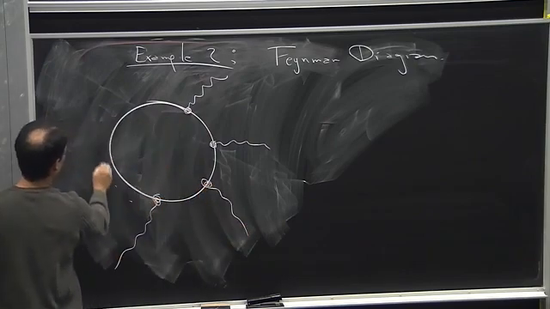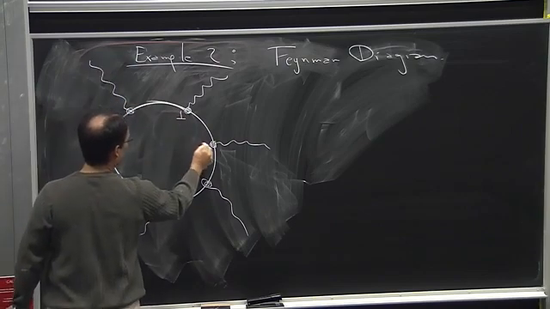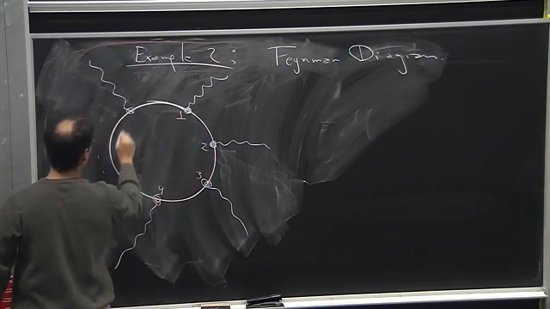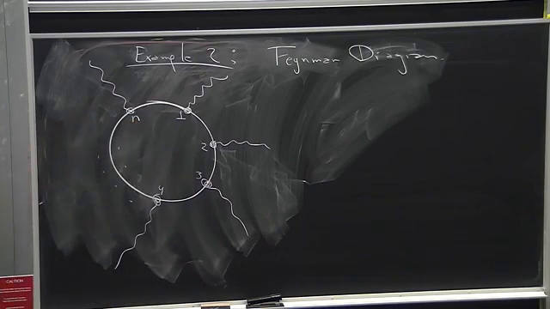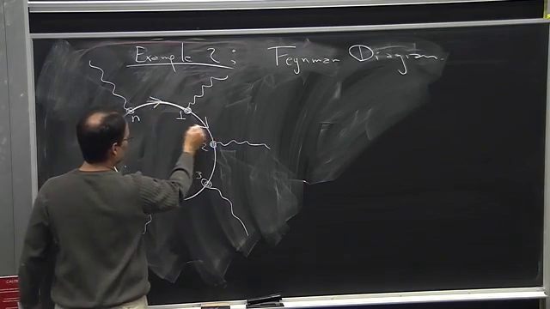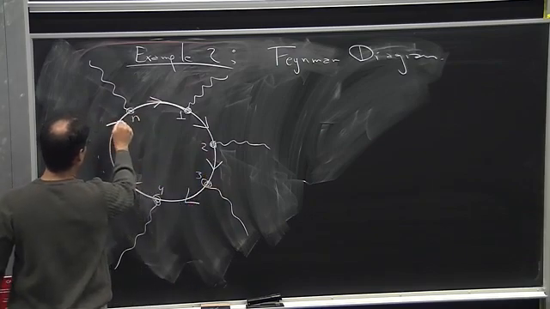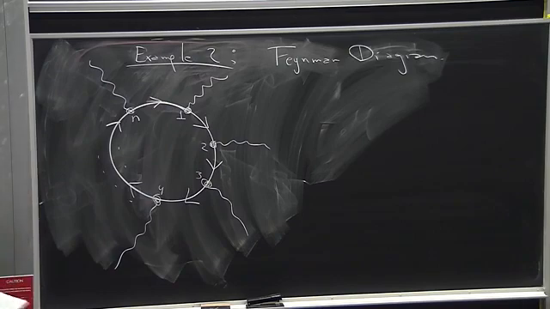Another one. And any number of them. N of them, just for fun. So one loop diagram. How about that? And these are electrons. These are fermion fields going around in the loop.